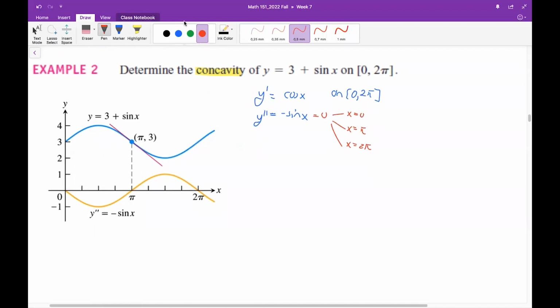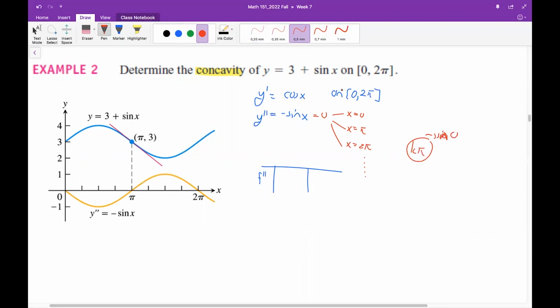And let's create the sign table for this second derivative function. By the way, there are more roots of this function, obviously. At every point like k pi, sine values are 0.